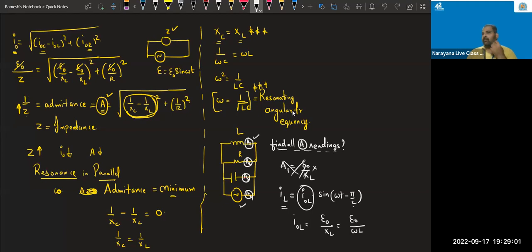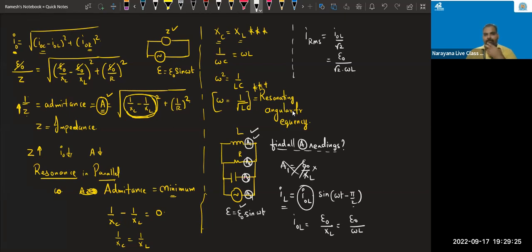Omega L. But ammeter reading means RMS only, na? So divide by root 2. So I0L by root 2 means E naught by root 2 into omega into L is our answer. Okay, so applied EMF. Fine.